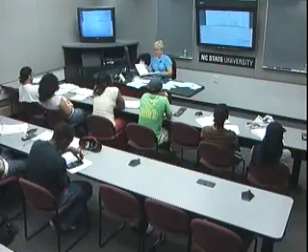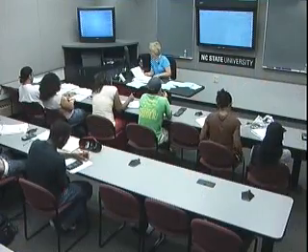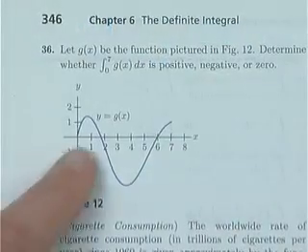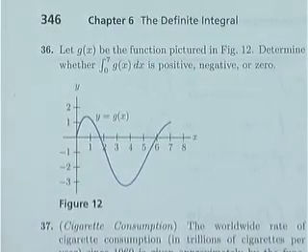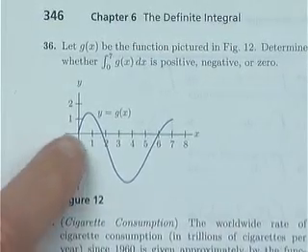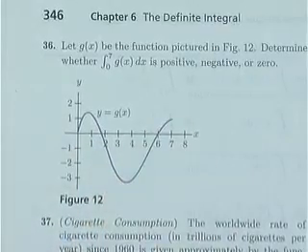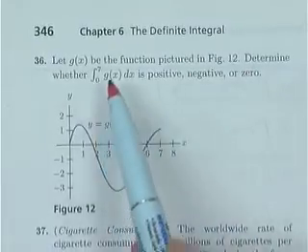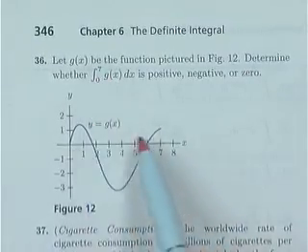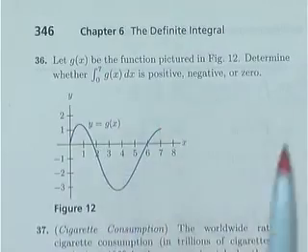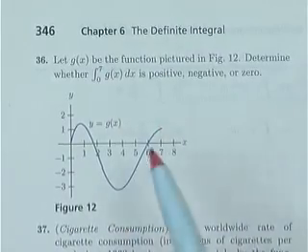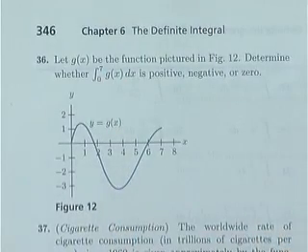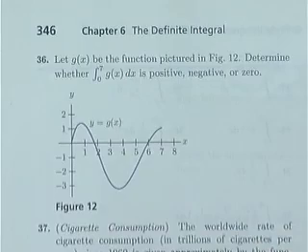All right, let's look at problem number 36. This is page 346, as you can see. We have the graph of g of x given. The question is, if I evaluate the integral from 0 to 7 of g of x dx, don't answer yet, would I expect the value of this definite integral to be positive, negative, or 0?